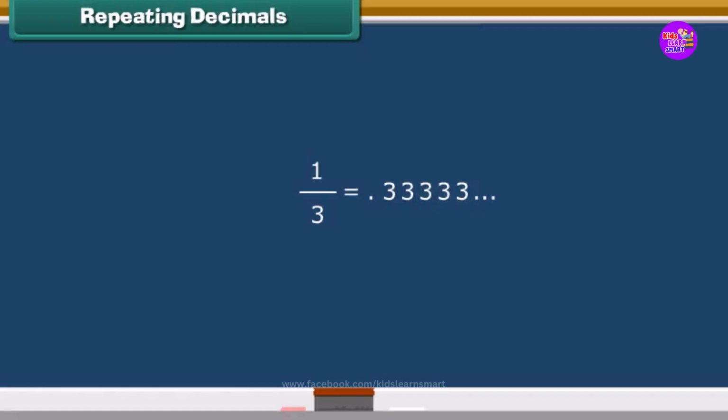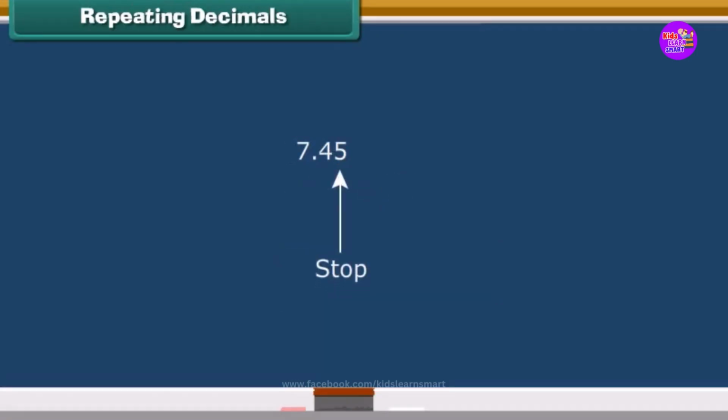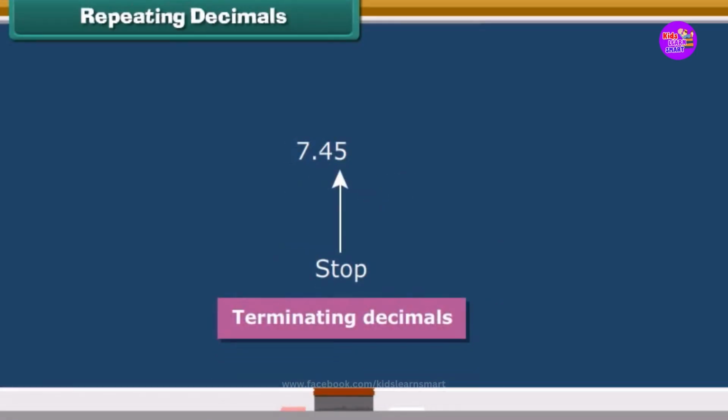So these decimals are termed as repeating decimals. You can round off the number after the 3, but it is more accurate to put a line over the last number. This line indicates that the number keeps on going. And the decimals that stop are called terminating decimals.